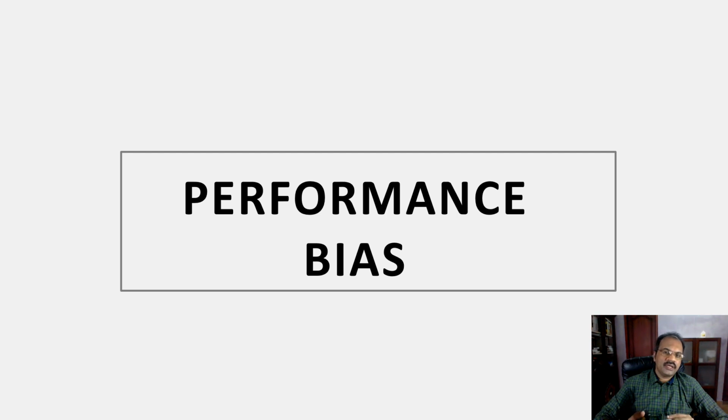But in some areas, like psychotherapy and counseling, it may not be possible to blind. The clinician will know when they are giving psychotherapy or counseling. The clinician will know that they are giving the active intervention. The patients who are getting that will also recognize that they are getting some structured therapy intervention. So here blinding is not that easy. Because of that, in trials of this kind of non-pharmacological interventions, there is a possibility of performance bias.